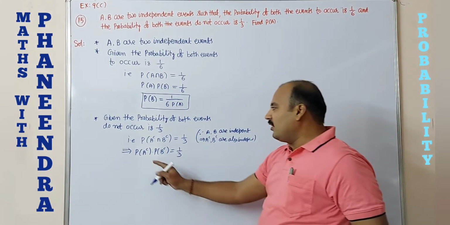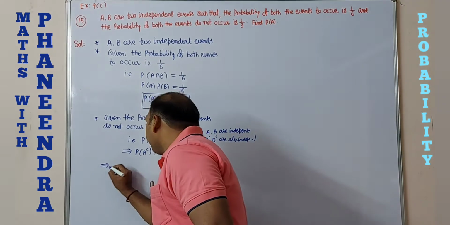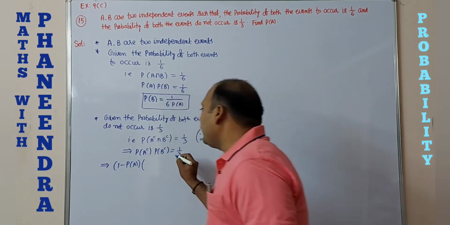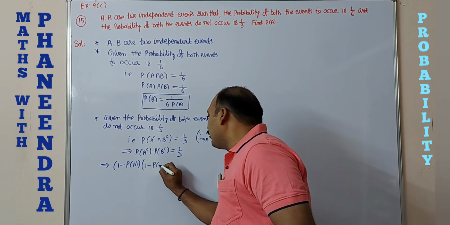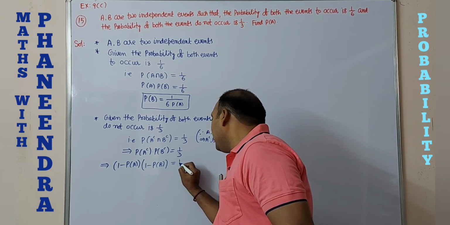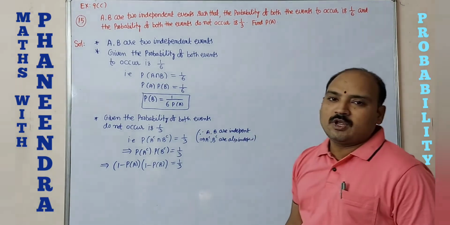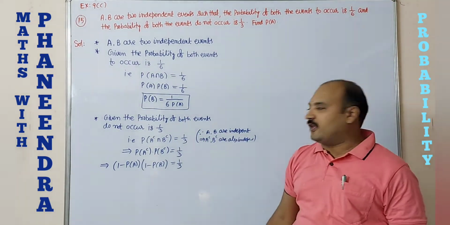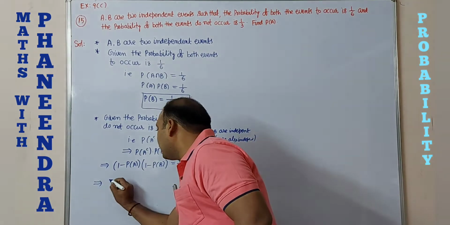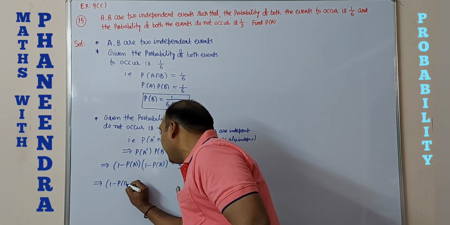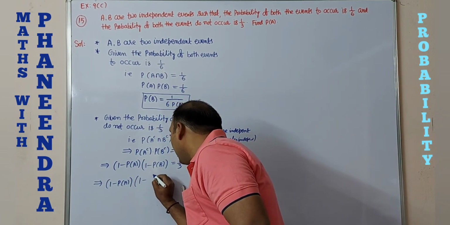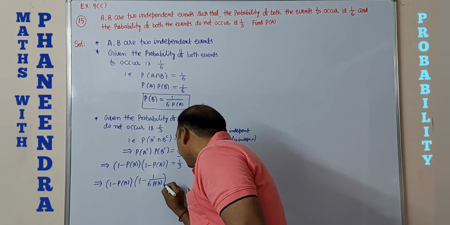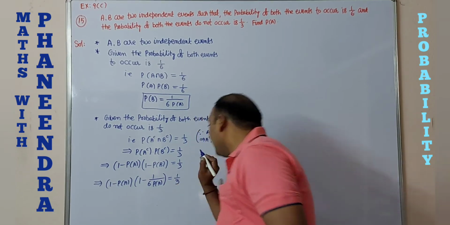We know that P of A complement means 1 minus P of A. P of B complement means 1 minus P of B, which is equal to 1 by 3. In place of P of B, you replace it in terms of P of A. So that implies 1 minus P of A into 1 minus 1 by 6 times P of A is equal to 1 by 3.